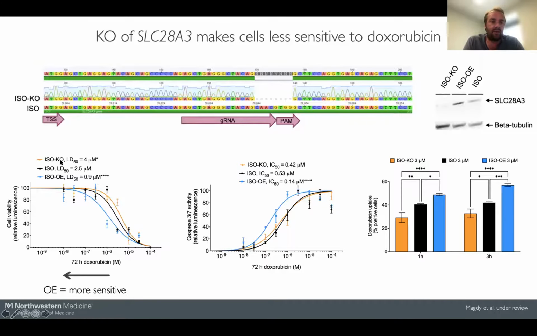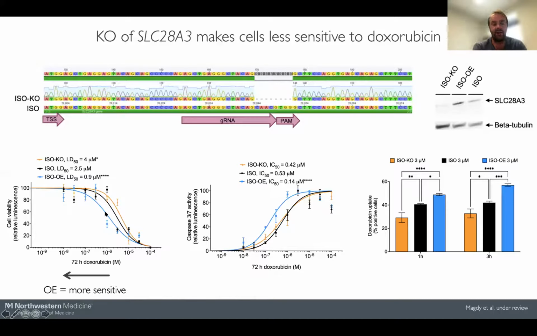So we knocked out and overexpressed this SLC28A3 using a CRISPR-based system. And in a similar manner, you can see if you knock out SLC28A3, the cells are protected from the doxorubicin cardiotoxicity, and if you overexpress this gene, they are more sensitive.